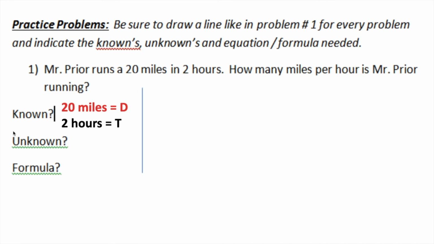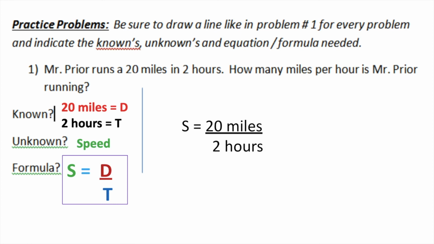Then what is my unknown? What am I looking for in this problem? The problem says how many miles per hour. Okay, miles per hour. I've heard of that unit before. That's the unit for speed. So I want to know the speed at which Mr. Pryor is running. Then I'm going to list what formula do I use to solve for speed. Well, speed is equivalent to distance divided by time.